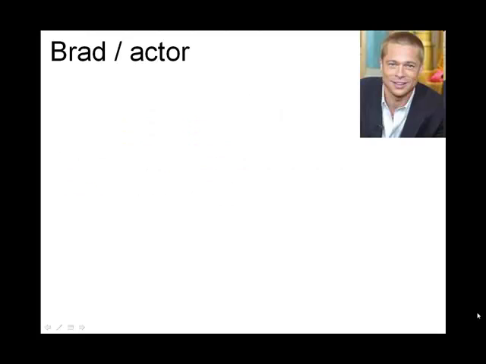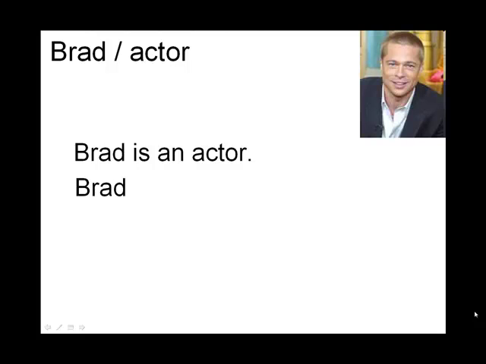Now, what happens when we use another verb such as to be? What sentence could we make with Brad an actor? Brad is an actor. Now, what would the negative for this sentence be? It would be Brad isn't an actor.